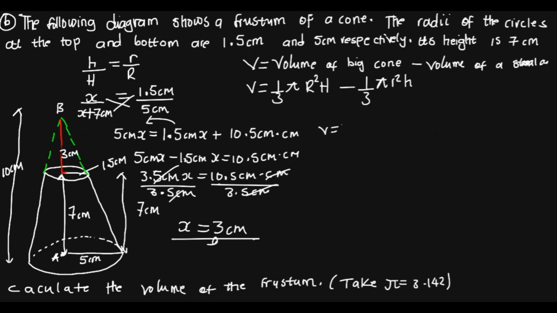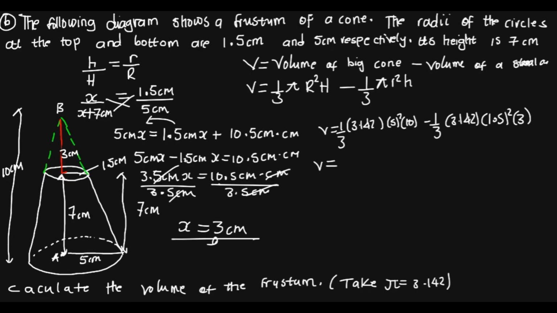The volume is equal to 1 over 3, the pi is 3.142, the radius for the bigger cone is 5 centimeters squared, height is 10, minus 1 over 3, 3.142, radius for the smaller cone is 1.5 squared, then the height is just 3.